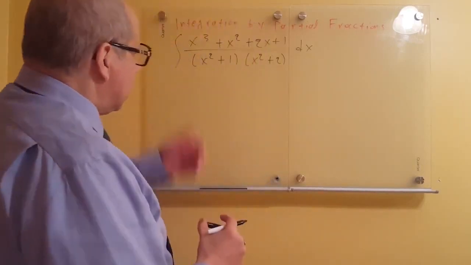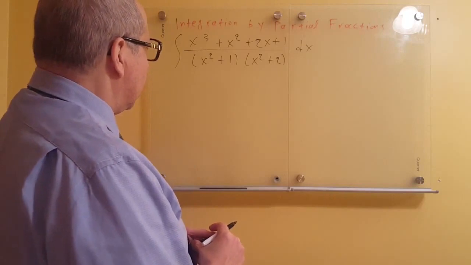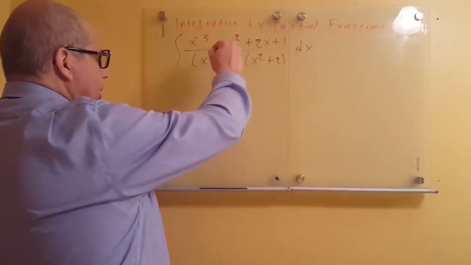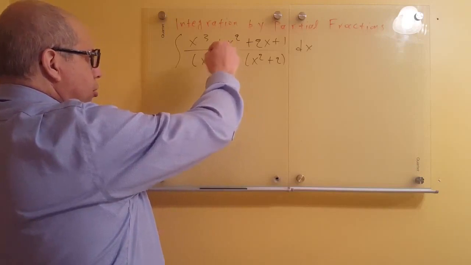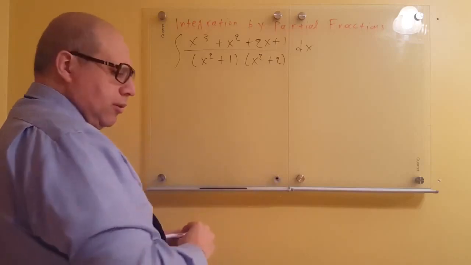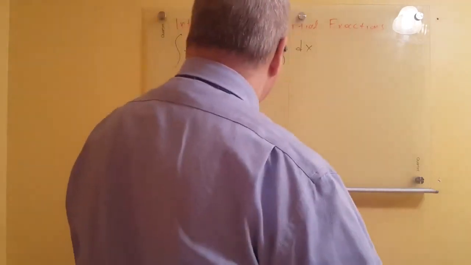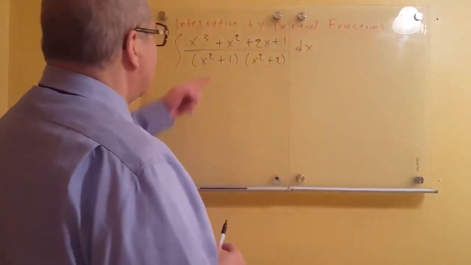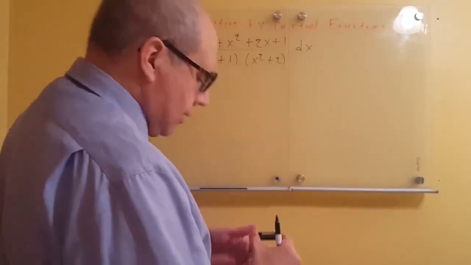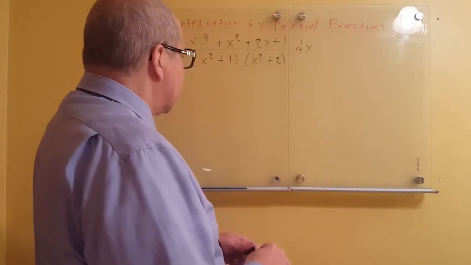So that means that we have to do partial fractions, and here you see that in the denominator both terms are quadratic, that cannot be broken down because, like these two quadratics, the discriminant is negative.